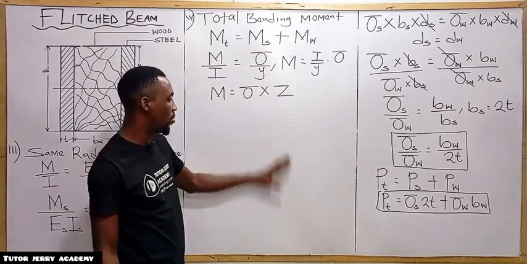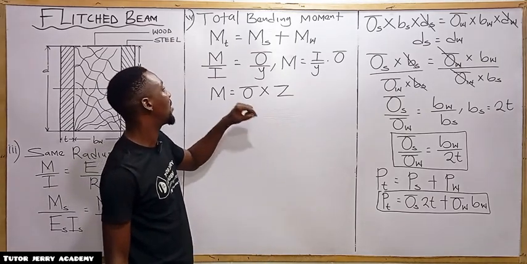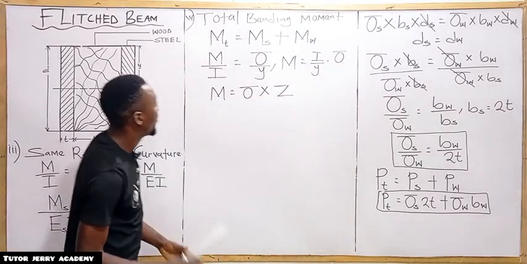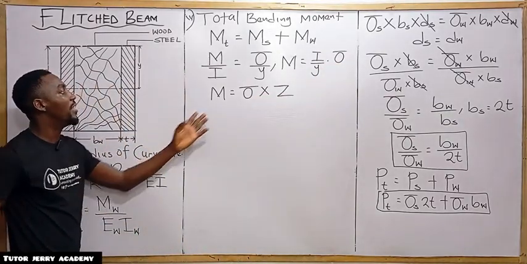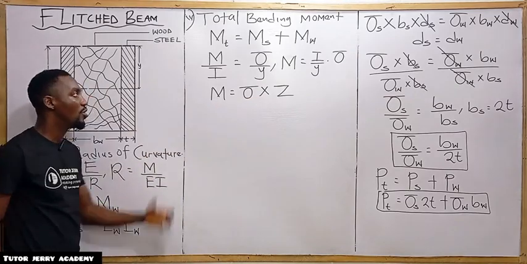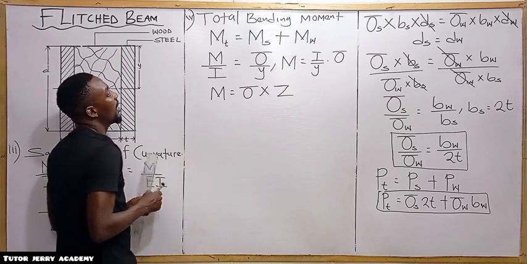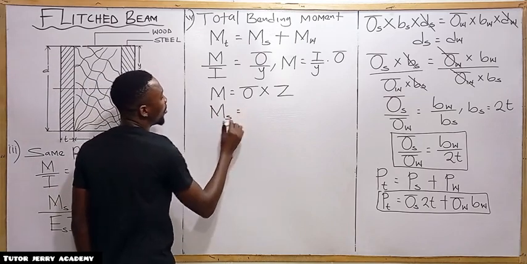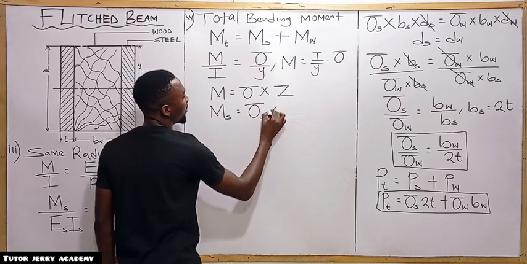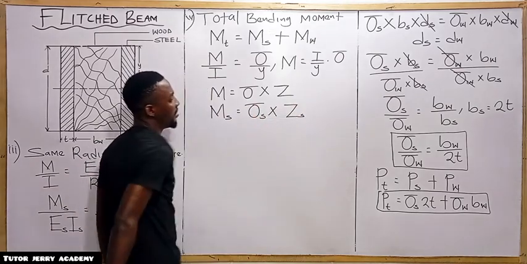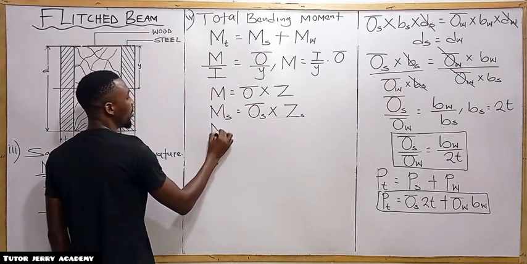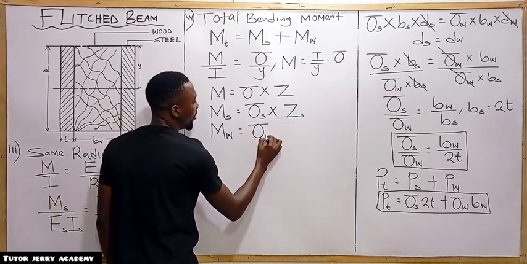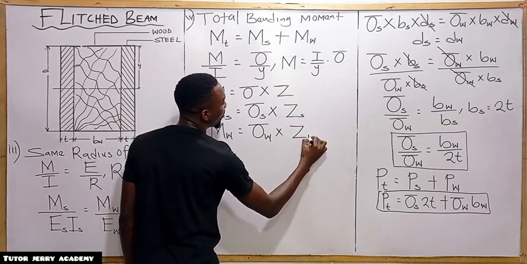And the second, we are going to do the analysis and take our second assumption to be I over Y multiplied by stress. So for the first one, if we take our bending moment to be stress multiplied by section modulus, then for the steel, the bending moment is the stress of the steel multiplied by the section modulus of the steel. And again, for the wood, the bending moment of wood is the stress of the wood multiplied by the section modulus of the wood.